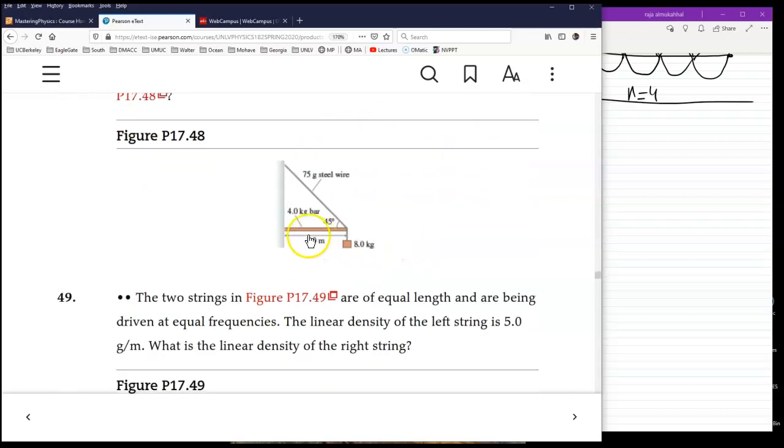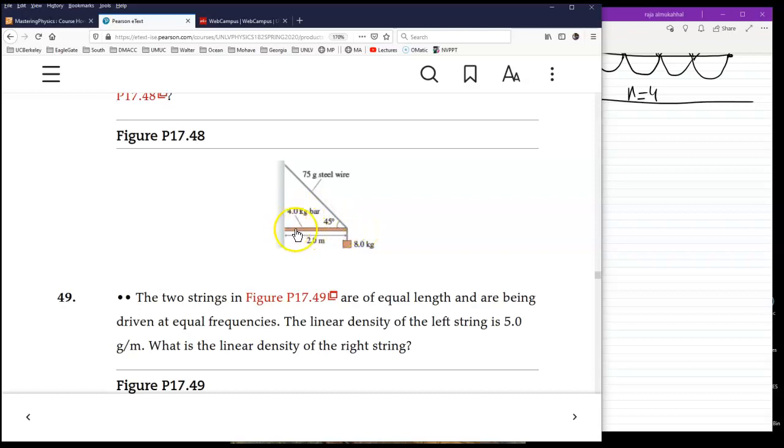Okay. So what you have is a beam. This is kind of a review of Physics 180. So you have a beam here, a beam of length 2 meters, of mass 8 kilograms, and then a steel wire is attached to it like that. It holds the beam in place, if you will.